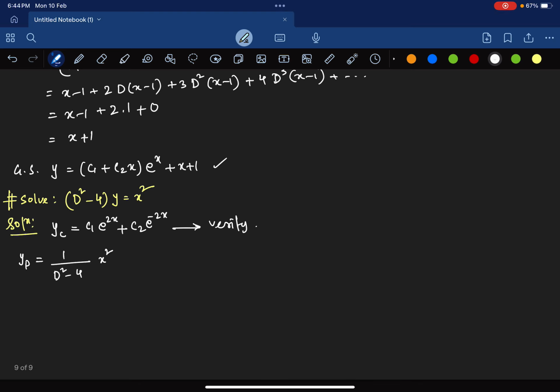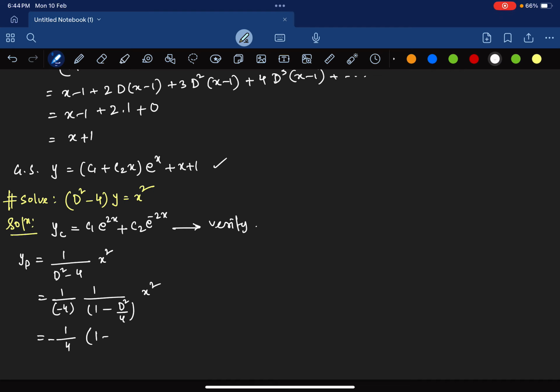Now target is what? You need to write in terms of 1 plus phi of D or 1 minus phi of D. So here you can take minus 4 common, minus 1 by 4 times 1 by (1 minus D square by 4) of x square. So here immediately this minus 1 by 4 you can write.